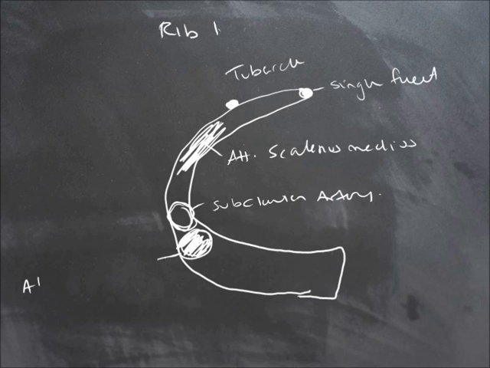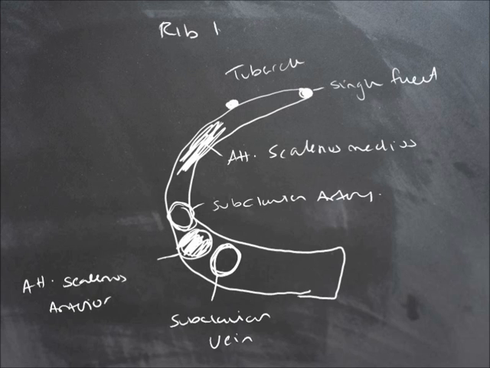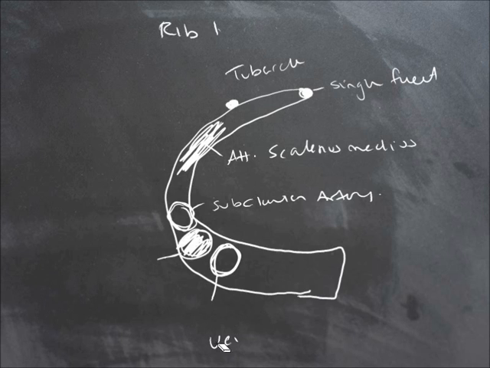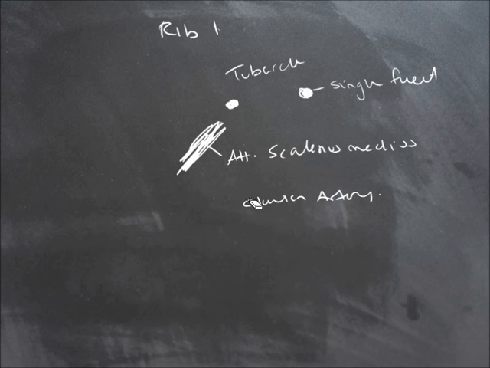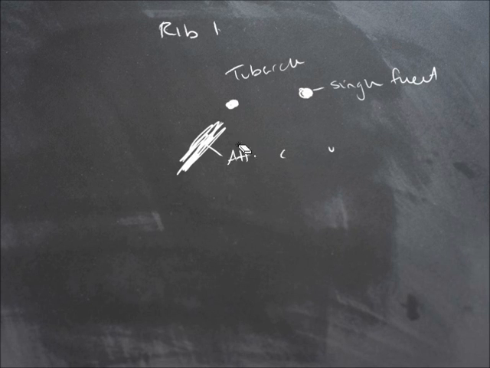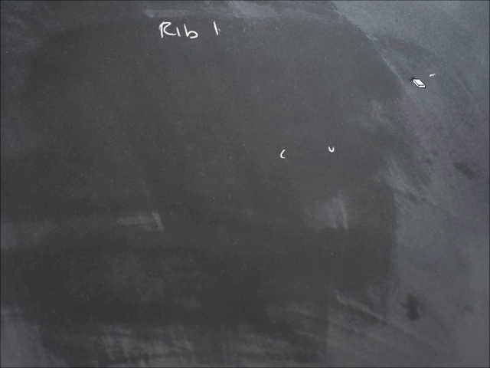This is for the attachment of scalenus anterior. And then we have another groove for the subclavian vein. So they are all the features of rib 1. Let's now move on to another atypical rib, rib 2.